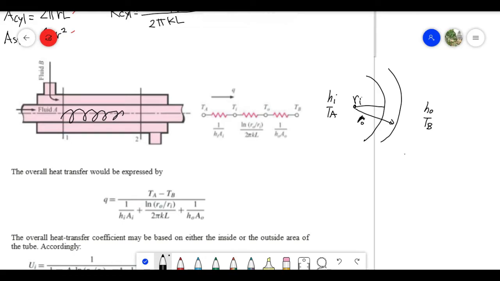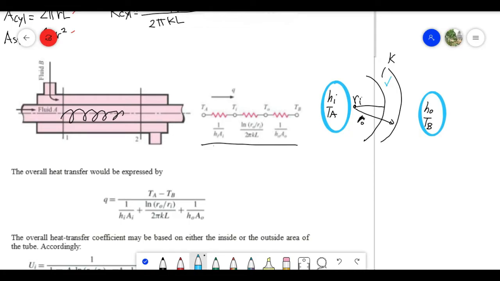So we already know if we will draw the thermal circuit for this scenario. Makikita natin dito na meron tayong tatlong thermal resistance. Ito yung pangatlo, may given na case. So, unang thermal resistance, of course, convection sa inside, convection sa outside, tapos conduction dun sa gitna.